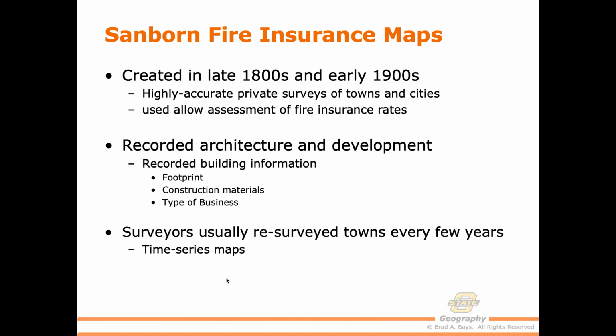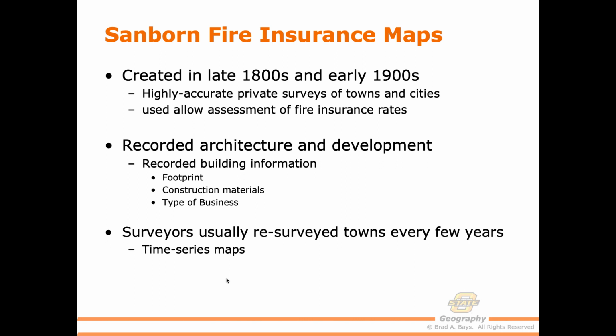We'll end up with this, and this is just a little bit on the Sanborn fire insurance maps. The Sanborn fire insurance maps are available to you in the OSU library online. You can also find them in archives around the country.